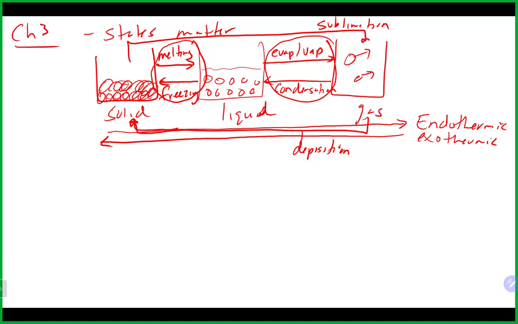We also talked about a couple other things in this chapter, which were, I believe, elements, molecules, and compounds. And these are all sometimes pure substances. Elements are the basic unit of everything, and we find them on the periodic table.